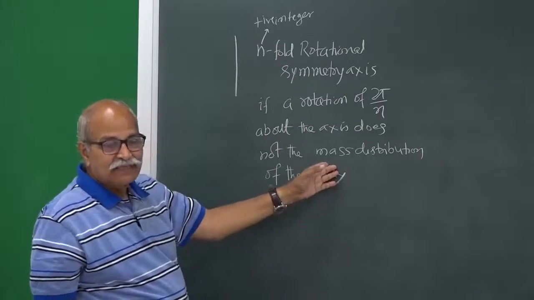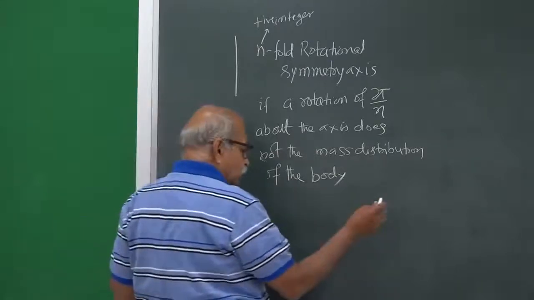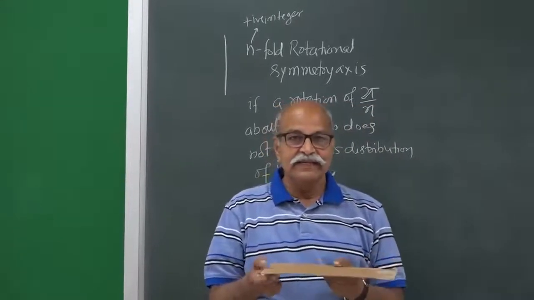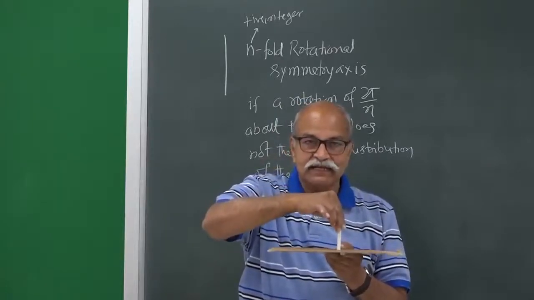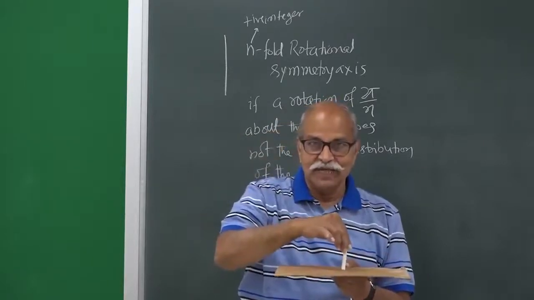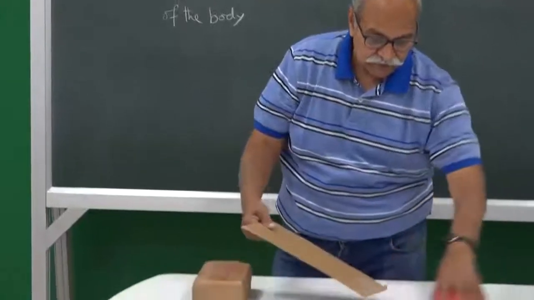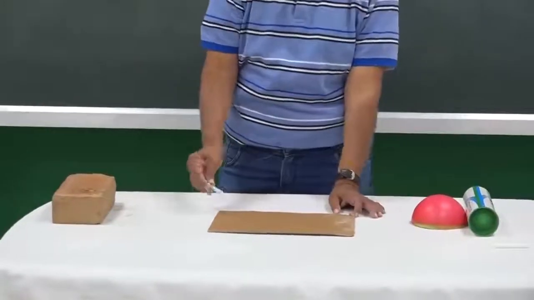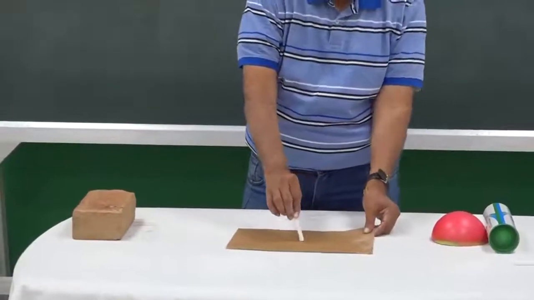So, we can take some simple examples. Suppose you have a rectangular plate, and a line which passes through the center of this plate and goes in the perpendicular direction. Let me put it on the table. Now see the mass distribution.